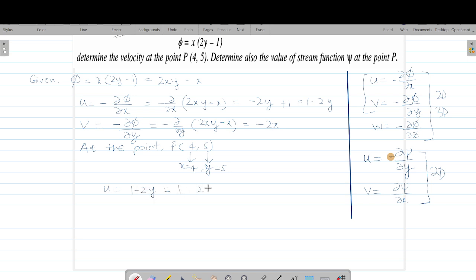So 1 minus 2 into 5, and 1 minus 10, you will be left with minus 9 units per second. So this is the value of u, the velocity component in the x direction. In the same way, for v, which is minus 2x, minus 2 into 4, you will get minus 8 units per second. Both of the values are actually negative.